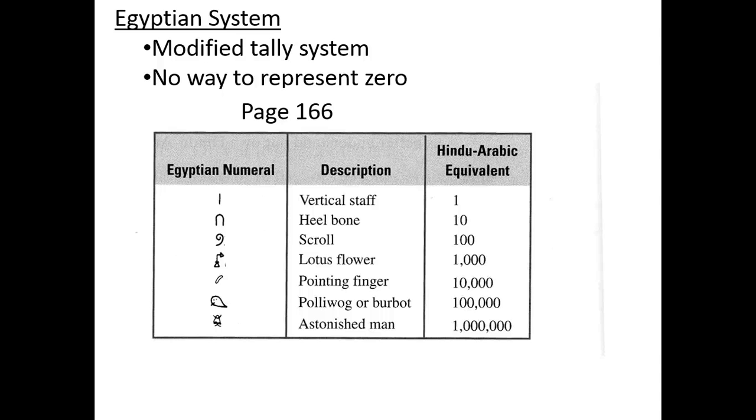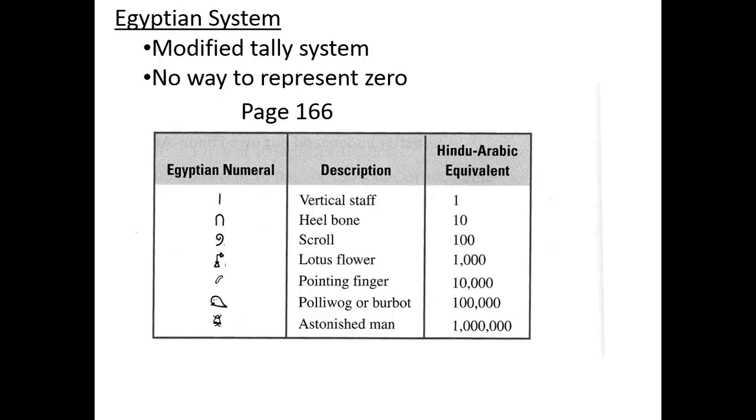They used a combination of these symbols to represent certain specific numbers, and this table is on page 166 in your book. You may want to refer to it. You can see that the vertical staff, which basically looked like our number 1, also represented their number 1. The symbol that's kind of an upside down U, a heel bone, represented the number 10.